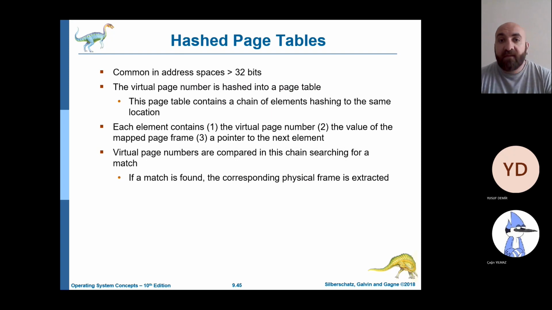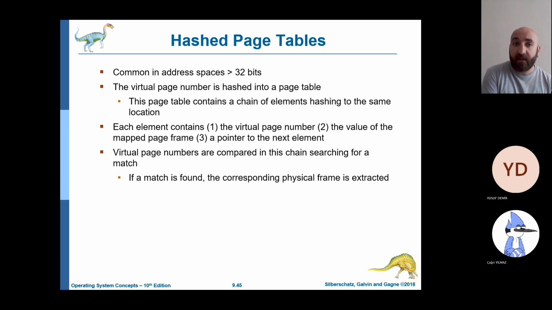Another approach for handling address spaces larger than 32 bits is to use hashed page tables. So instead of creating a three-level paging system, we can use hashed page tables with the hash value being the virtual page number.